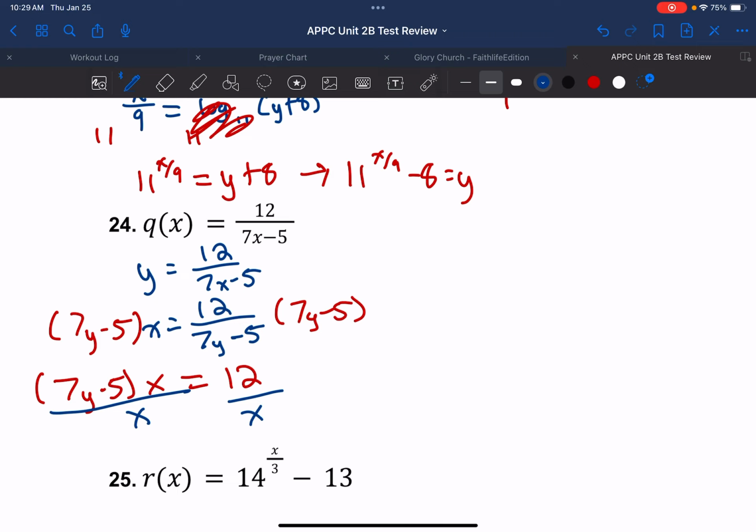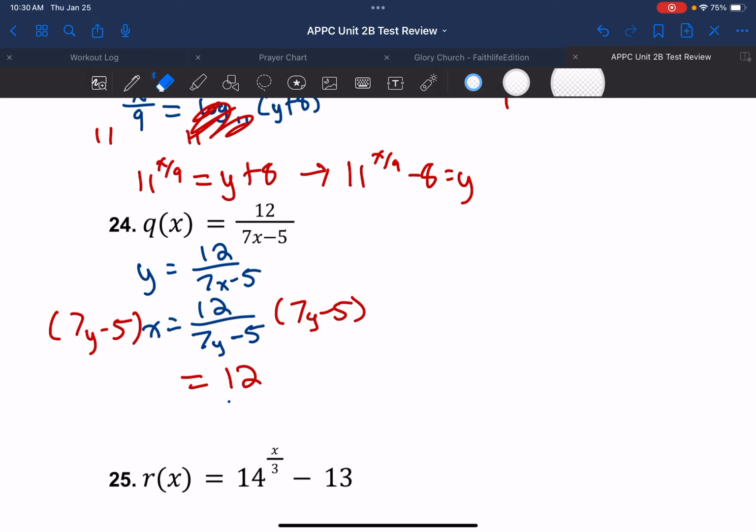Sorry, give me one second. Actually, no, that'll be more confusing, sorry. Let's go ahead and do it like we have been doing it. Let's go ahead and distribute, because that's what you're used to. So 7xy minus 5x.